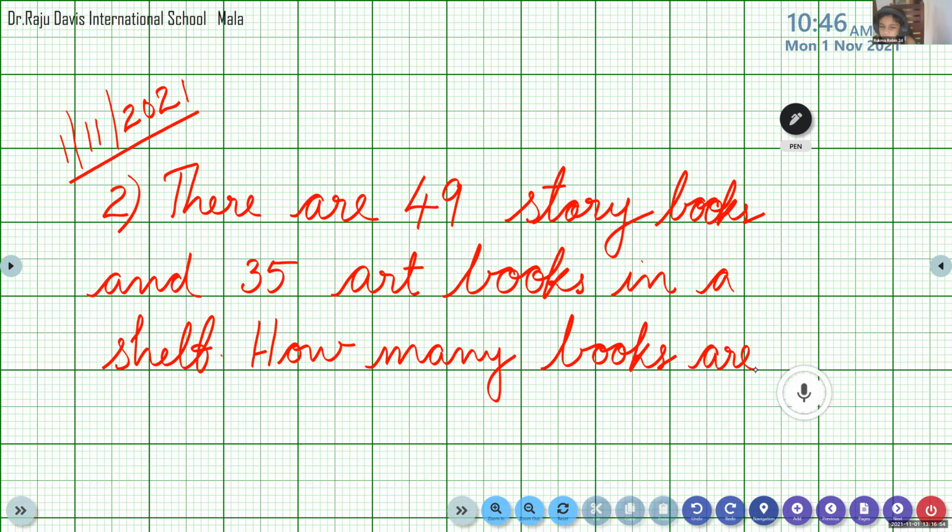What is M-A-N-Y? Many. How many books are there? How many books are there in the shelf? See, those who finished, please be silent. Okay. How many books are there in the shelf? You have to wait for the others.